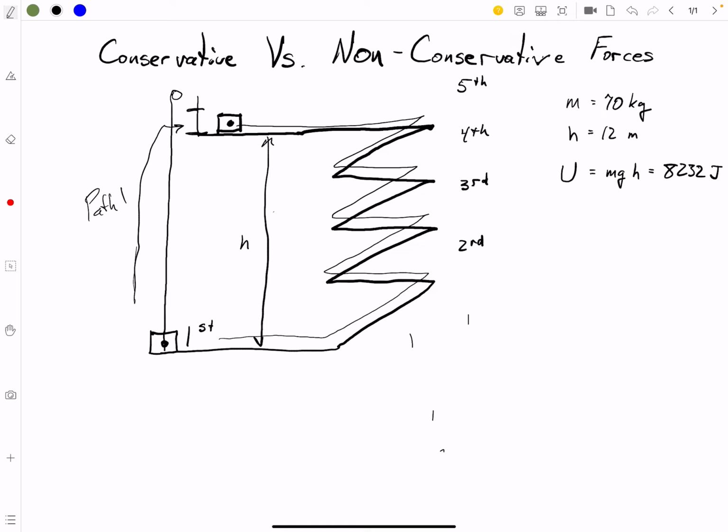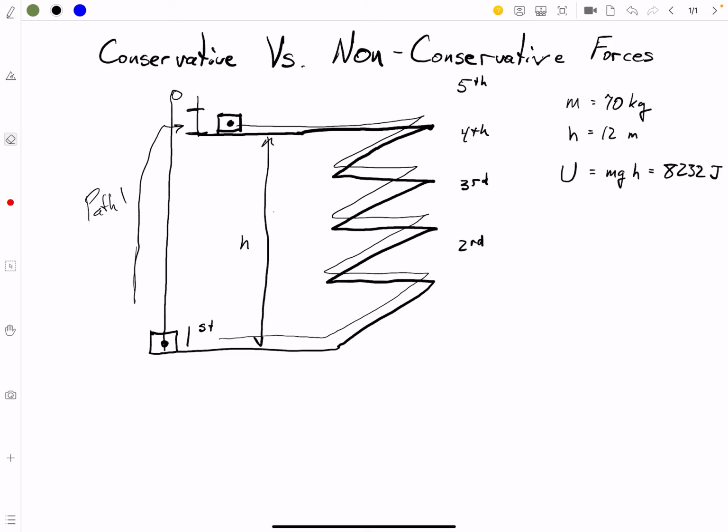So here's the thing. We have that much energy.